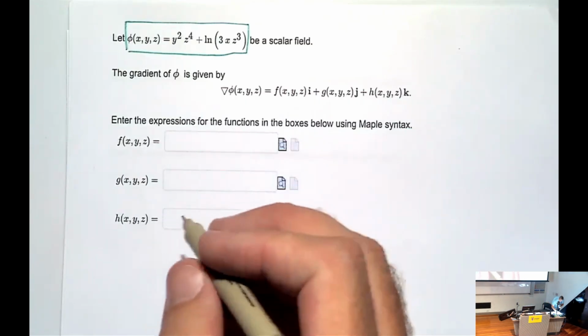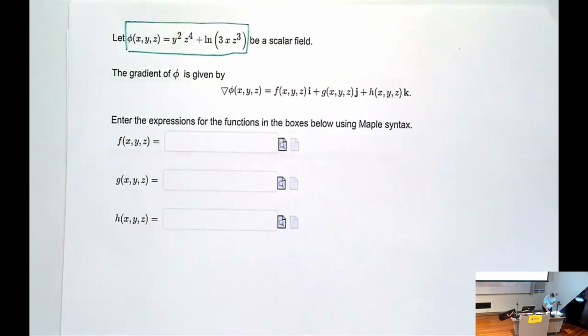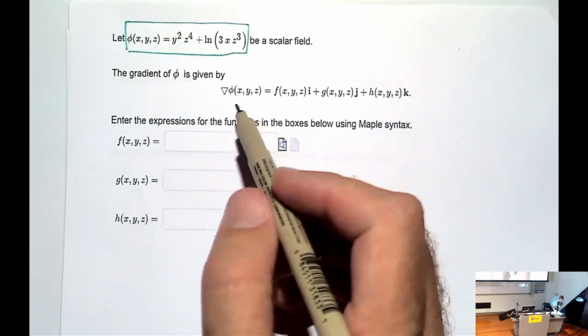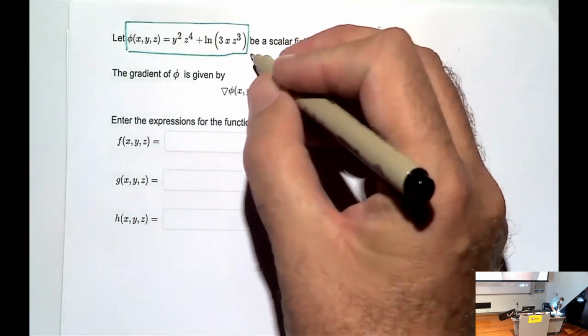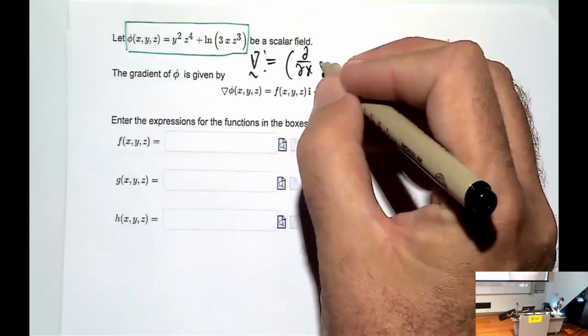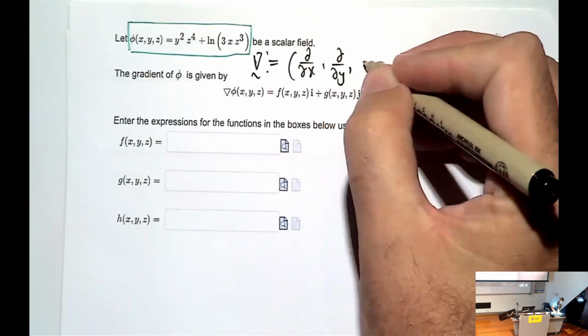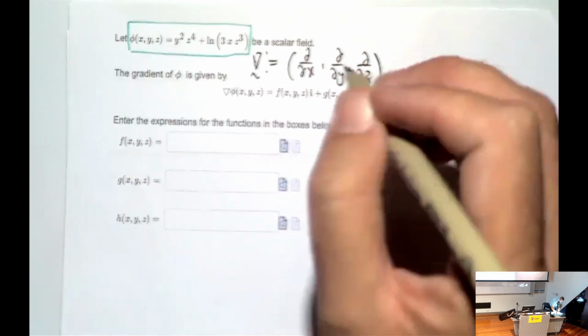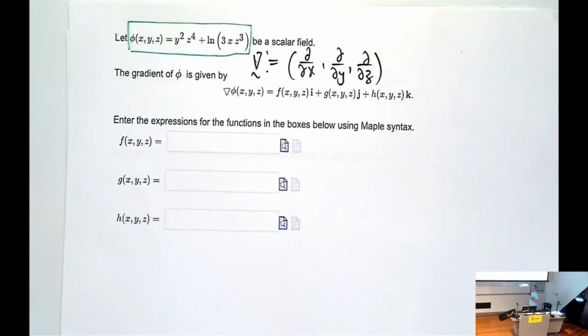That's our operator. That's what we apply to phi. So let's do it, then we can write down what we get.